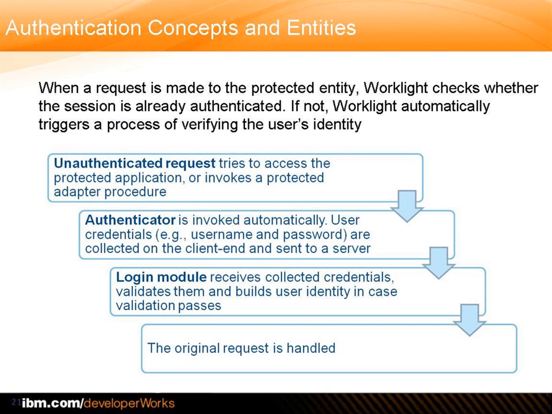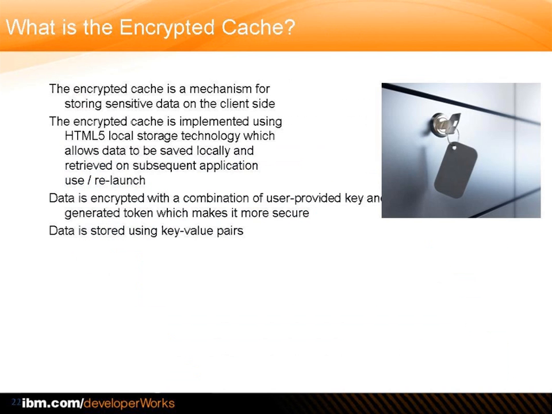The most common one would be, of course, an LDAP repository, but whatever you want to use in the backend to authenticate someone will be done using the login module APIs. So those are the two main components you will be manipulating in your application to implement all the authentication mechanism, and this makes it very robust and easy to implement. So this is really another one of those great features that the Worklight server will provide.